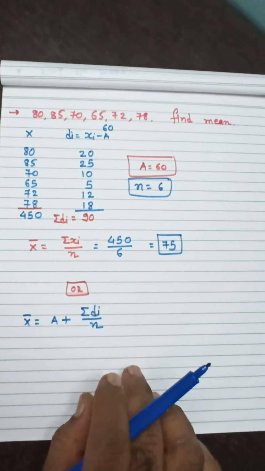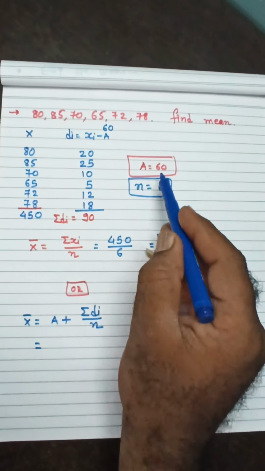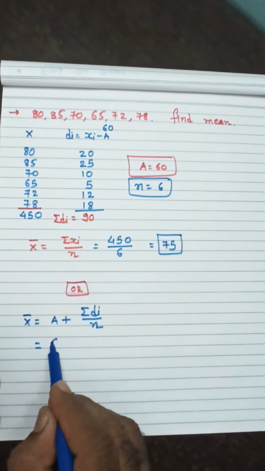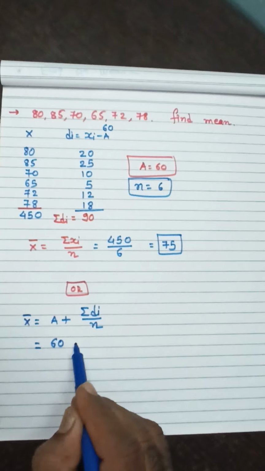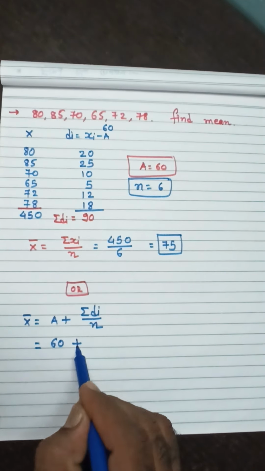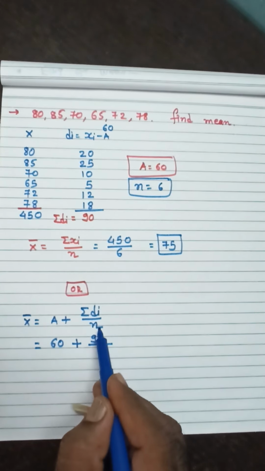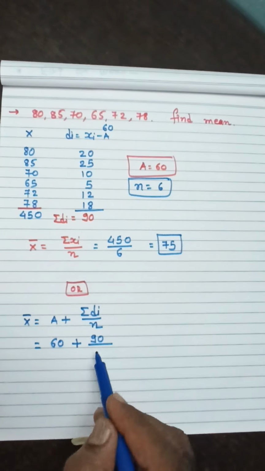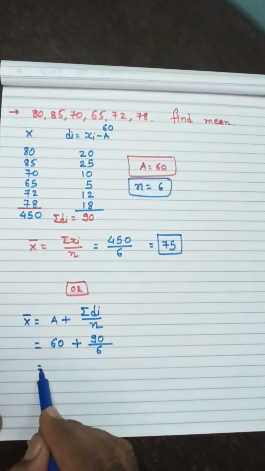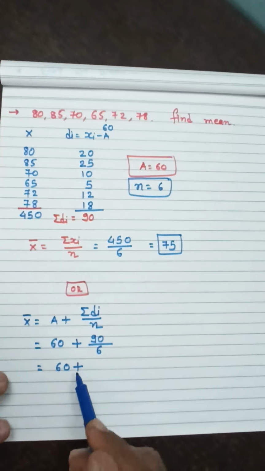Now, as per shortcut method, what we have assumed? 60. So A is equal to 60. Then the total of di is 90. So plus 90 will be written here. It will divide by n. N means number of observations are 6. So 60 plus 90 divided by 6.